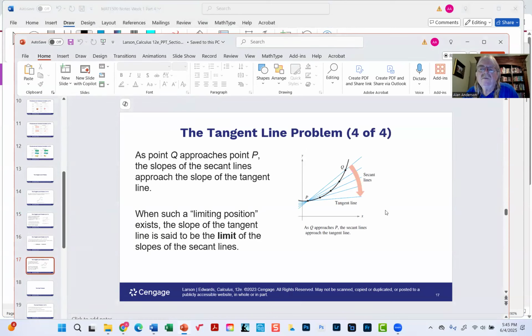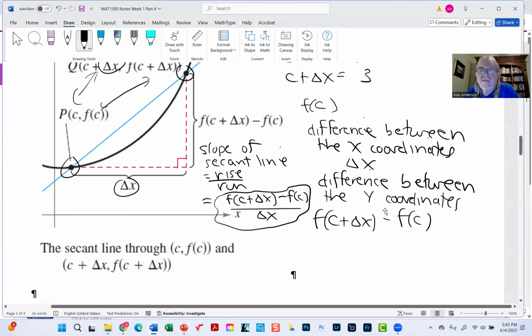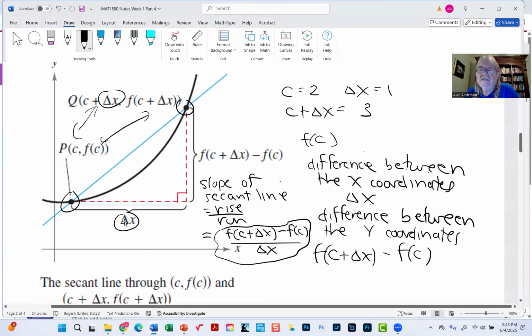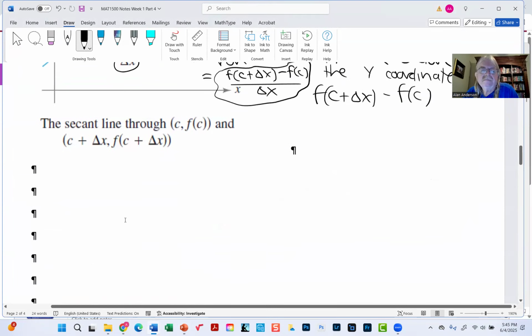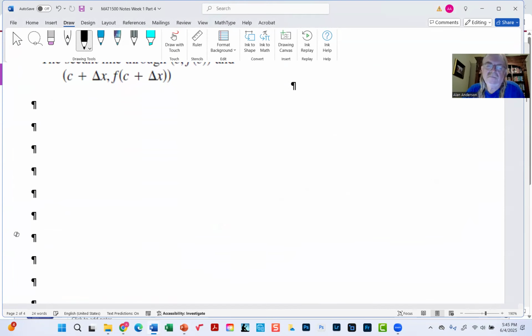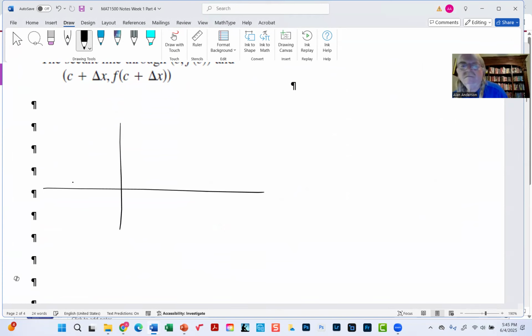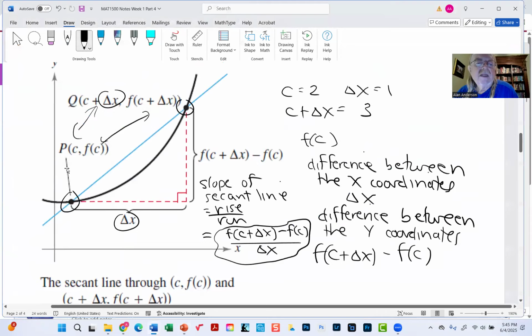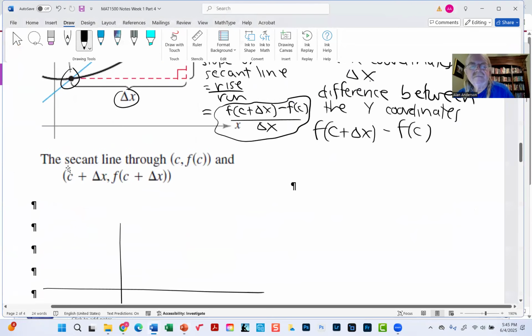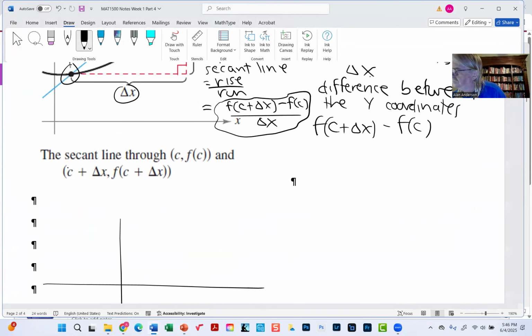Now, here's what they're going to tell us. Imagine that delta x gets smaller. So notice we start out here, and we've got this curve and our secant line.